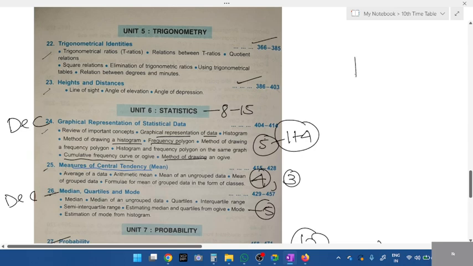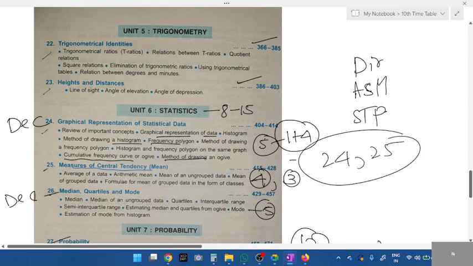Direct, assumed mean method, and step deviation. So you all have to revise that. For chapters 24 and 25, if you just go through the textbook solved questions, that is enough. Textbook solved problems, along with the notes, whatever questions we did.